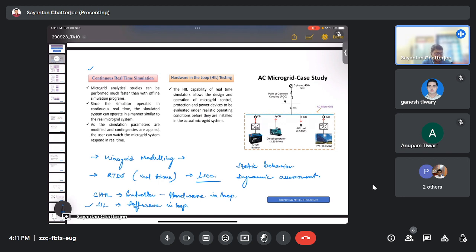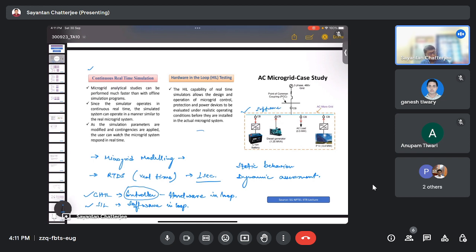But if the entire thing needs to be validated, suppose somebody is working on controller hardware in loop. If the entire system control has to be done, control system modeling or controller modeling needs to be done. The entire part that runs in software, suppose the microgrid, let us consider this microgrid structure, this part is first in software.